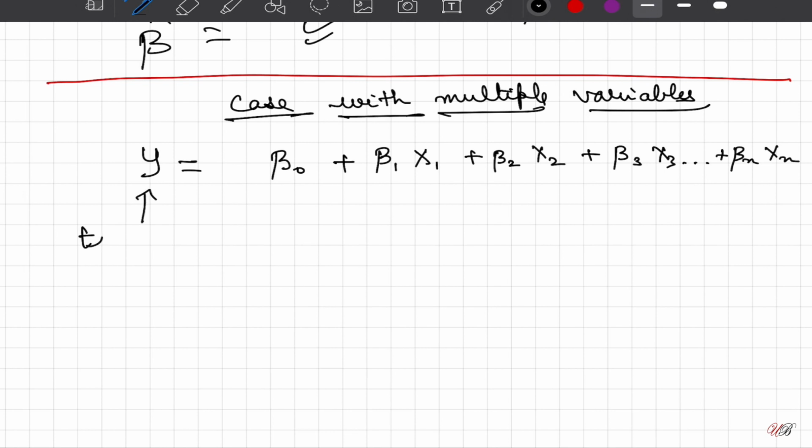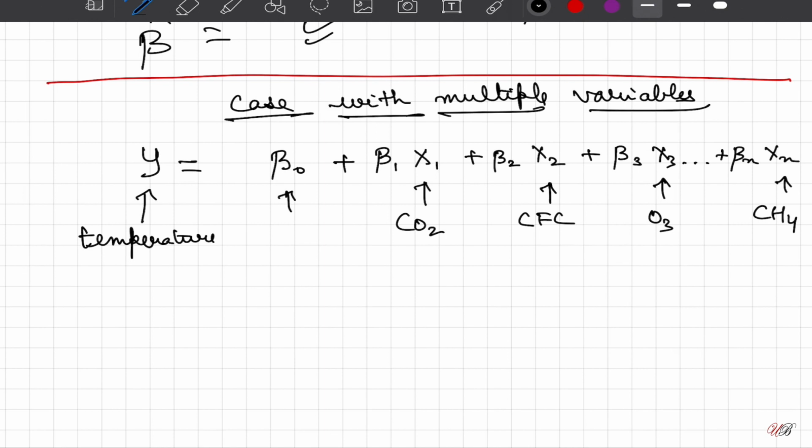So let us say that you want to predict temperature at a certain place, and this temperature depends on carbon dioxide concentration, chlorofluorocarbon concentration, ozone concentration, or methane concentration, and we want to determine what the betas are, and this is our intercept, that is, what would be the value of temperature if all these concentrations are equal to 0.